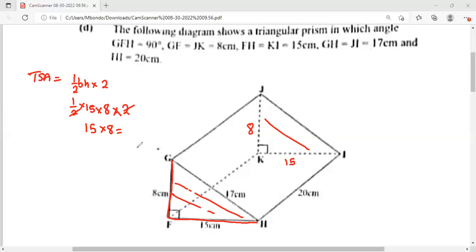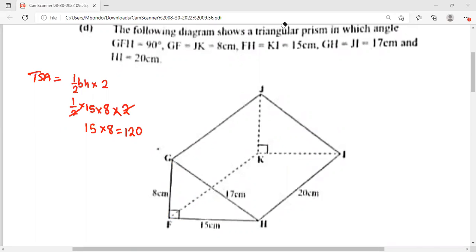So we are going to get 120. Remember, for the total surface area we need to find the area of each one of these surfaces. So we have found the area of these two triangles. Take note of that.